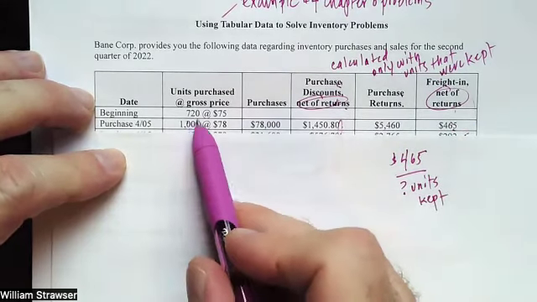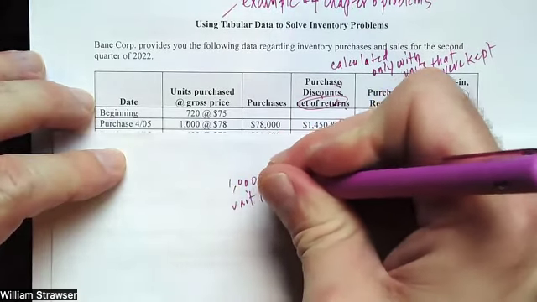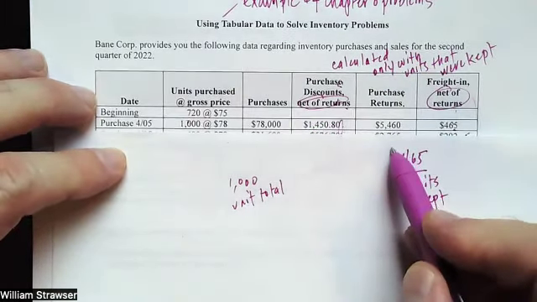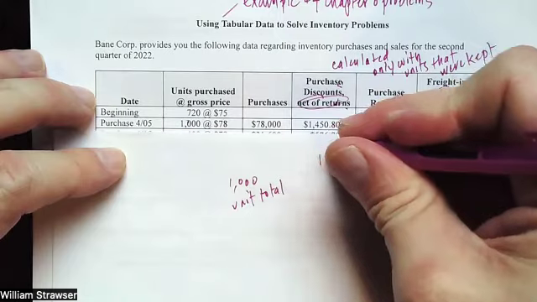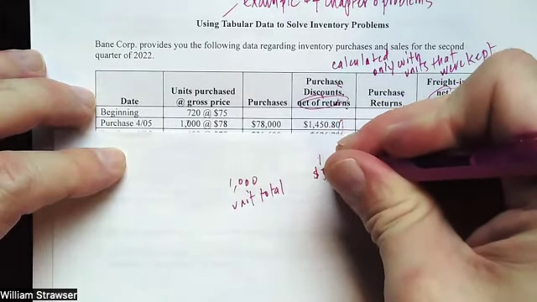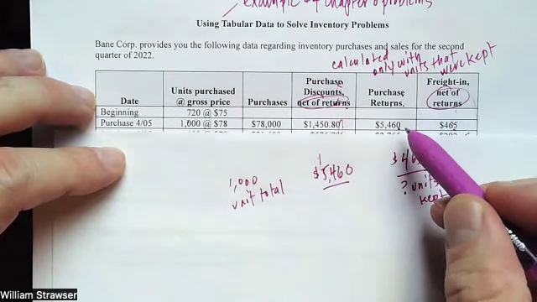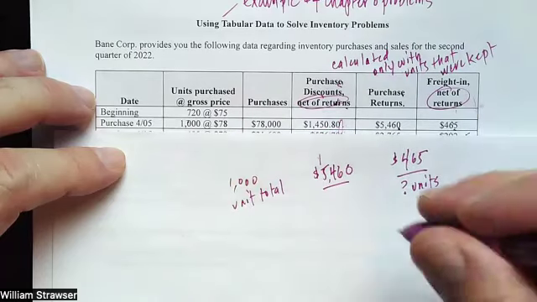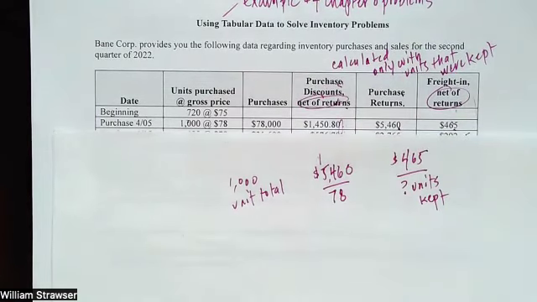Well, I know I ordered 1,000 units total, but to get to how many I kept, I'm going to have to do a little math. The way I'm going to figure that out is, if I take my purchase returns number, 5,460, and understand that I value my purchase returns under the gross method at the full price, and I divide that by 78, it should be like 60 something.